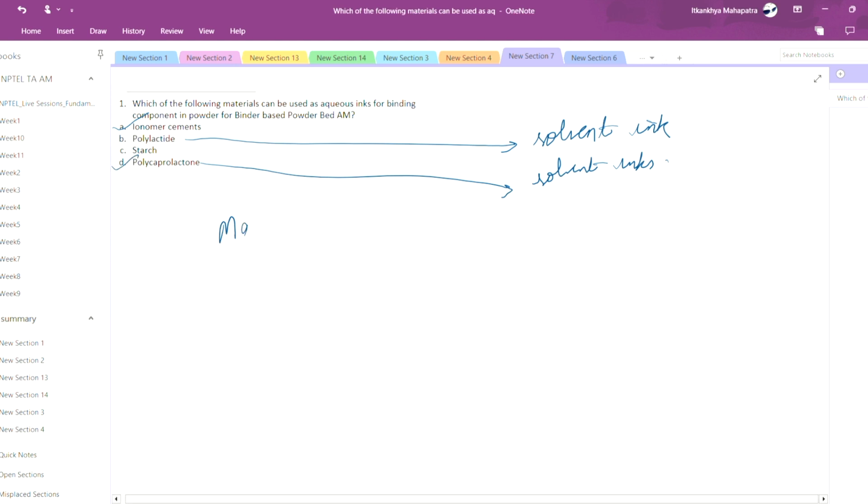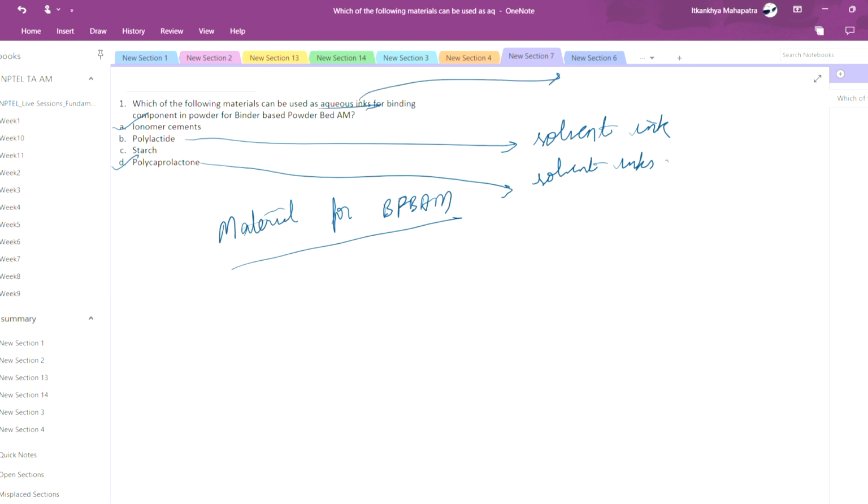Now materials for, I am writing this as BPBAM, binder based powder additive manufacturing method. So here aqueous inks means you have starch, cellulose, plaster and ionomer components, cements.